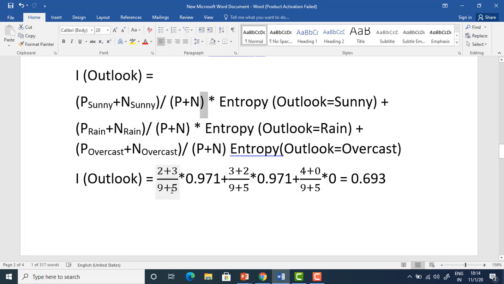So 2 plus 3 by 9 plus 5 into the entropy of sunny, which we got as 0.971, plus P of rain plus N of rain by the same, and so on. Take the values from the table and substitute them in the given formula. We'll be getting the average information entropy as 0.693. This is the value which we got in this case.